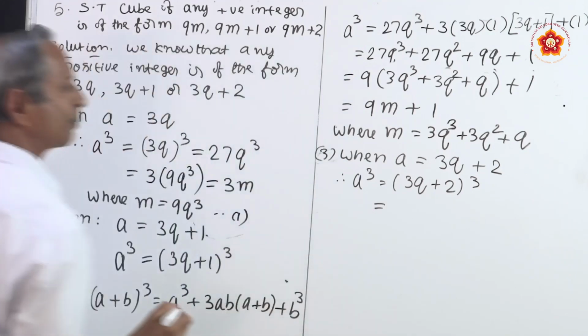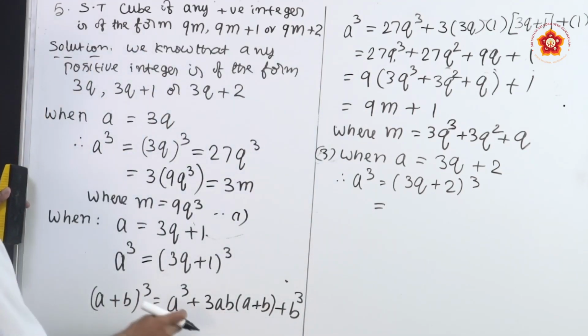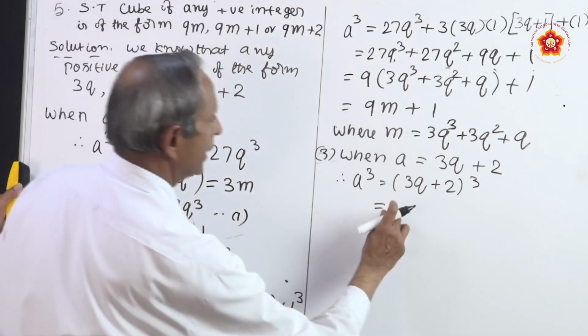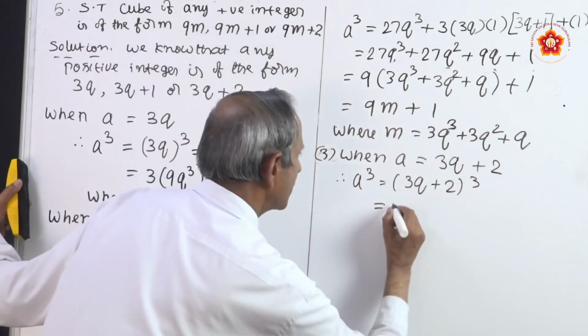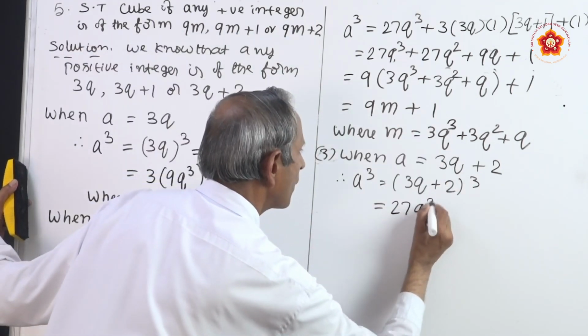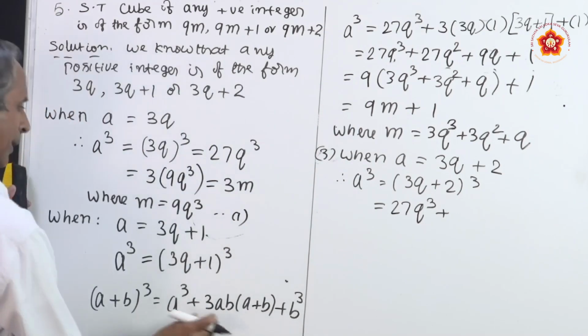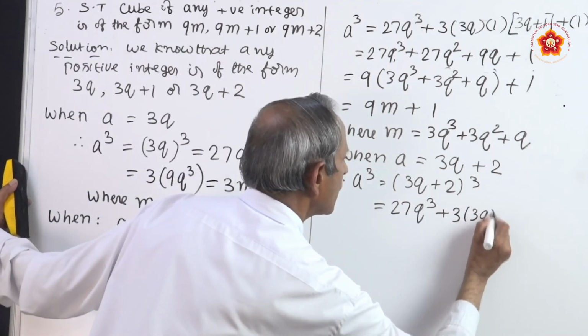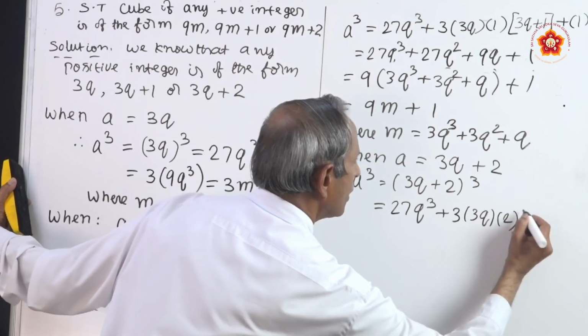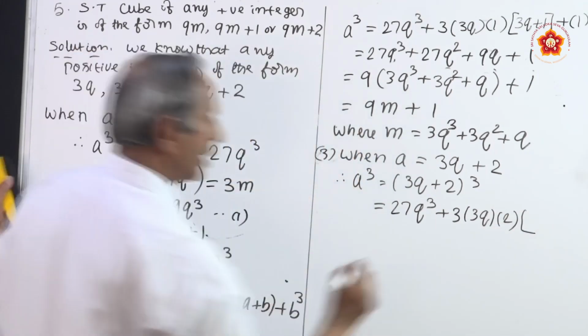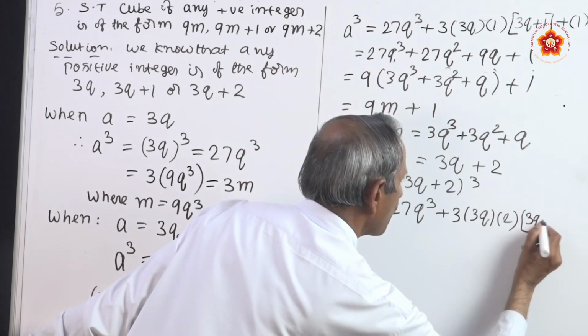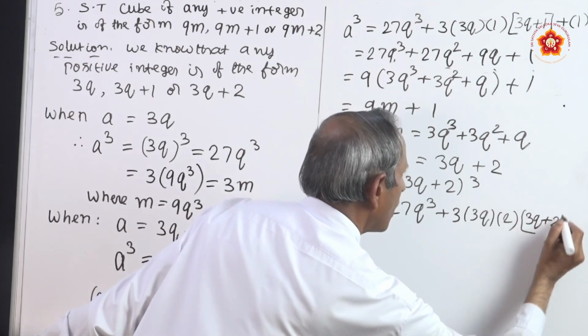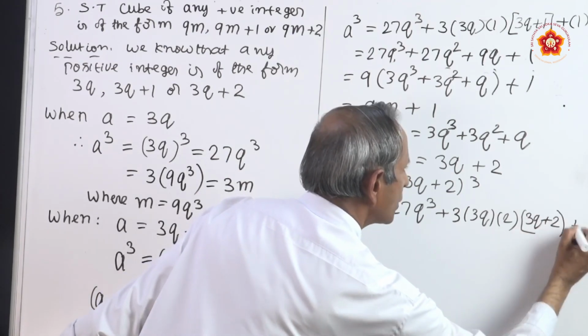Now let us expand using the identity. The first term becomes 3 into 3 into 3, 27q cube. Second, 3ab, 3 into 3q into 2, then 3q plus 2, and plus 2 cube.